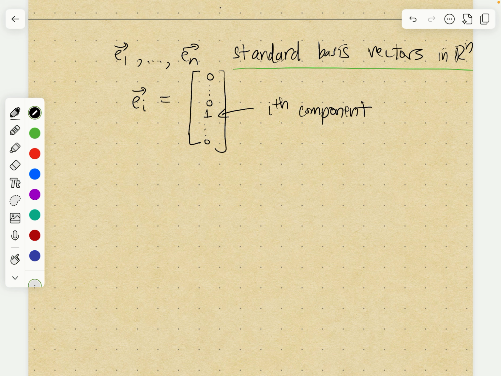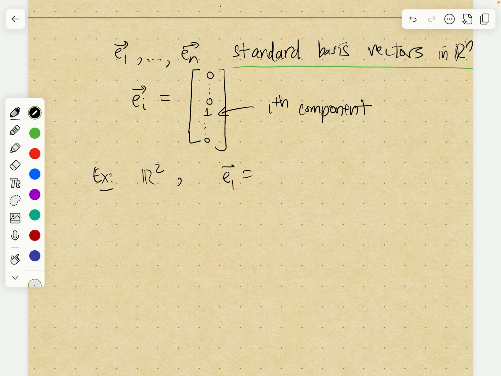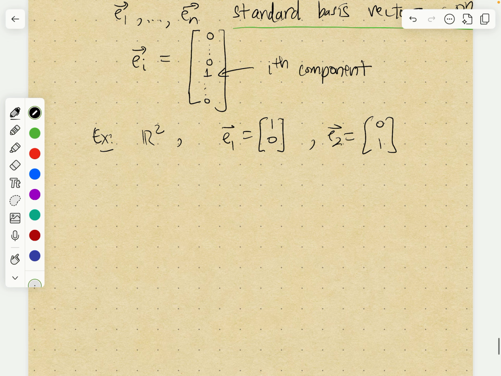Everywhere else is 0. And you have n of these. So for instance, in R2, you have E1 and E2. E1 is just 1, 0. And E2 is 0, 1. Okay, so those are the standard basis vectors.